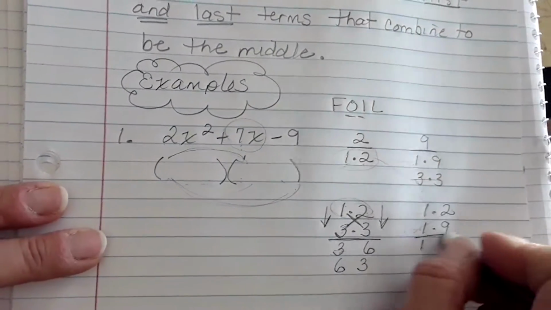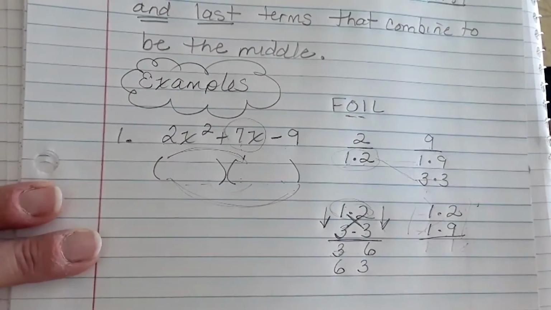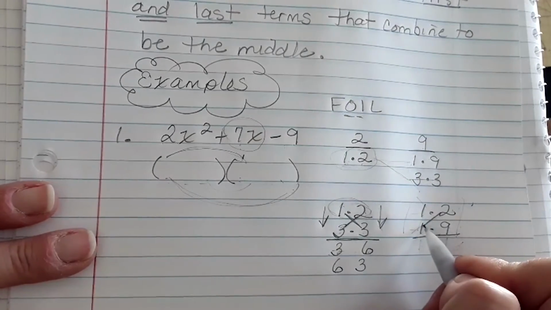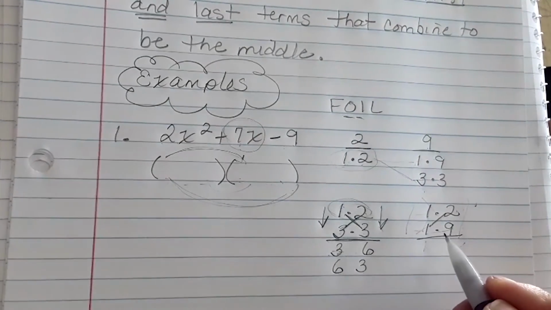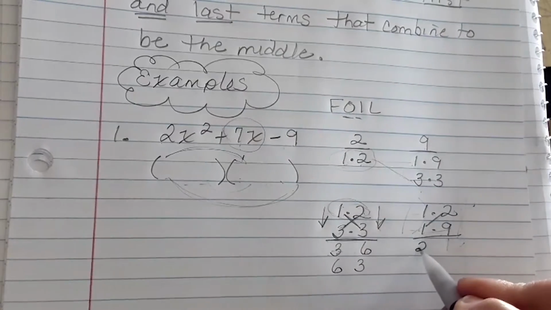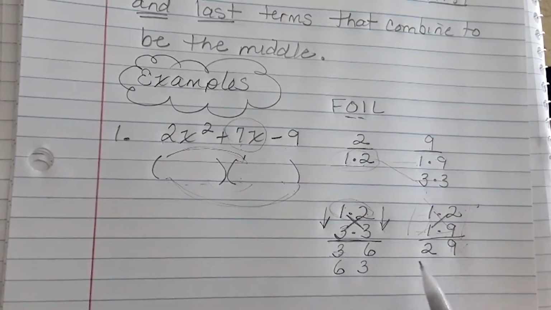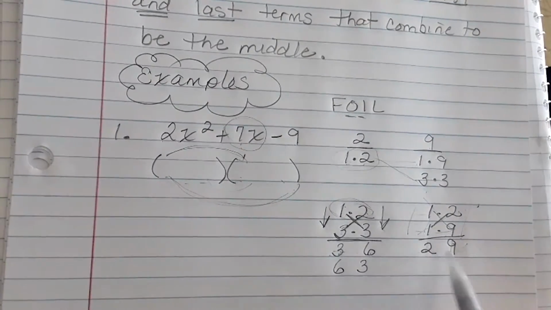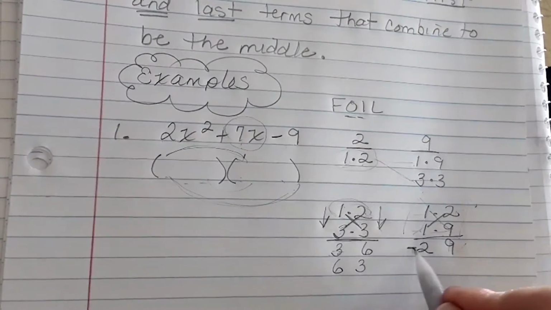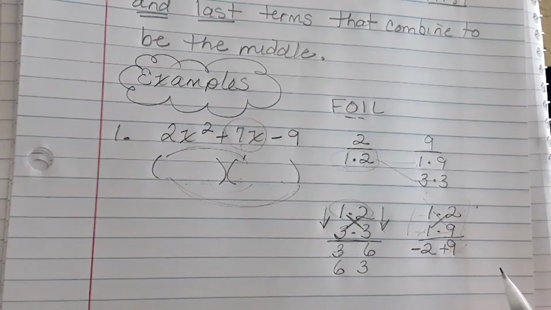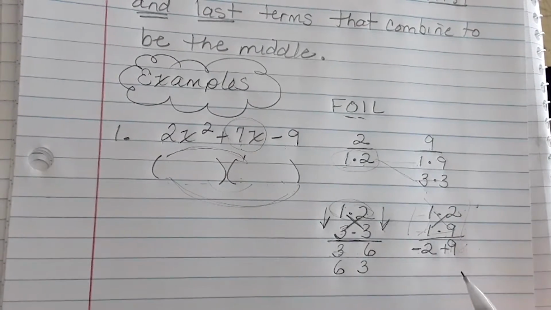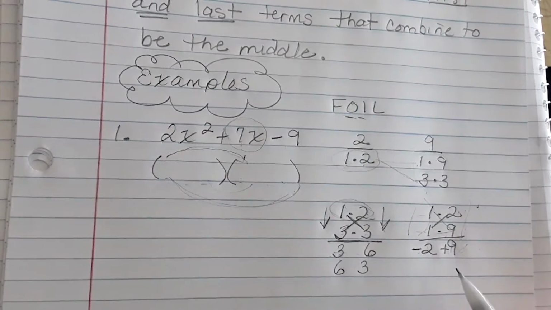So that is not going to work. But another way to get 1 up here to multiply by 1 down here is to go diagonal. 2 times 1 gets you 2, and 1 times 9 gets you 9. I can get a positive 7 from this combination. If my 2 is a negative and my 9 is a positive, those will combine to be a positive 7. So I need to try to make that happen.